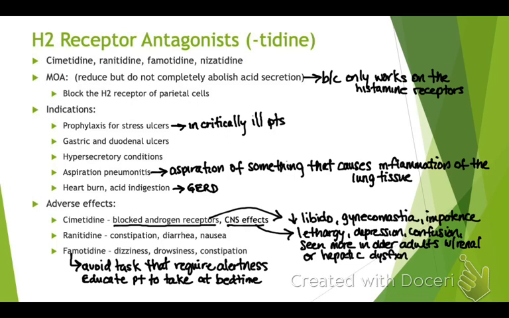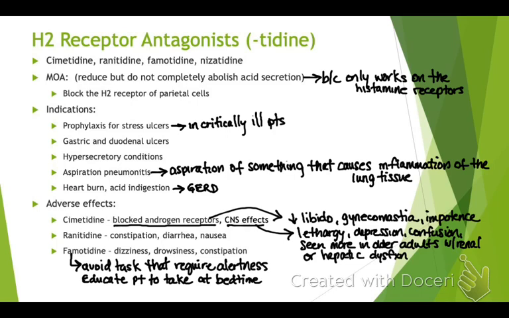Adverse effects that you will see from these meds. Cimetidine will block androgen receptors. That will decrease the libido. Patients might have gynecomastia, might suffer from impotence. They also might end up with CNS effects, so you might see symptoms like lethargy and depression, confusion.